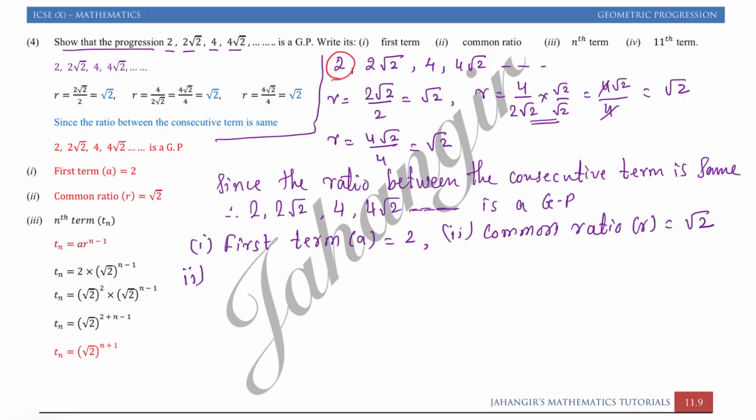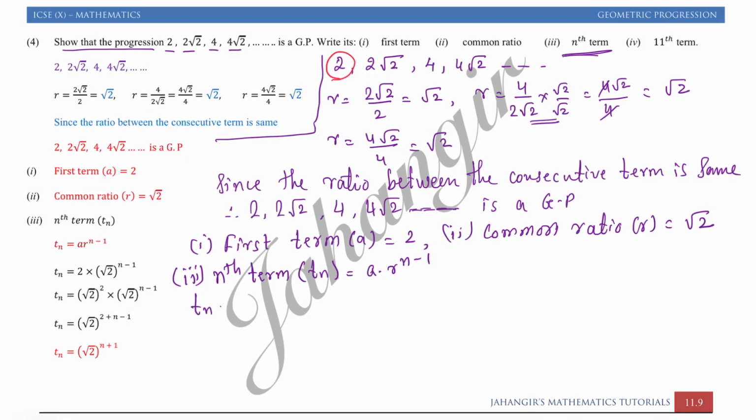Third, we have to find nth term. So nth term is Tn. Nth term is the specific term of the sequence. So here nth term Tn we will get a specific term, that is the formula for this sequence. If you are just changing n, you are getting the specific term. That is A into R raised to n minus 1.